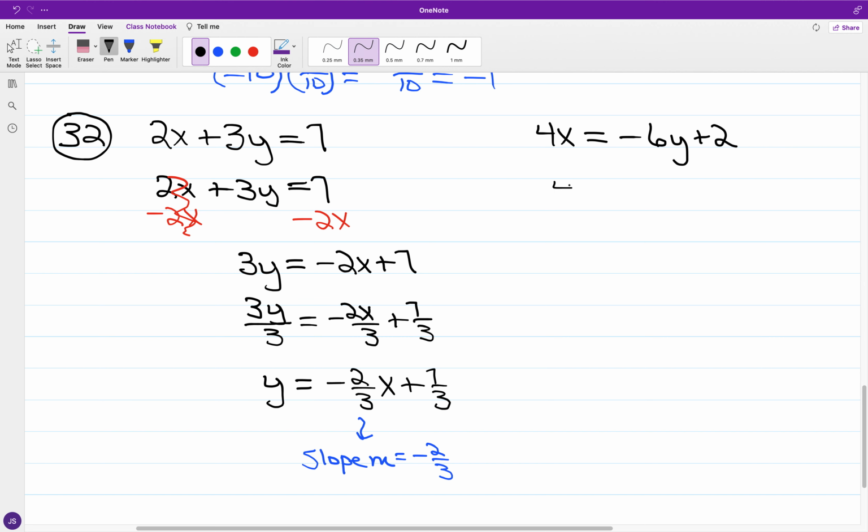Now we have the y term on the right hand side, and I'll make adjustments to get y on the left hand side, but in the meantime, I'm going to isolate the negative 6y by taking 2 away from both sides. So we have 4x minus 2 is equal to negative 6y. And then we have dividing by negative 6.